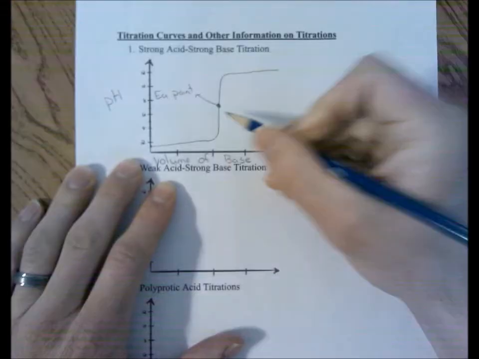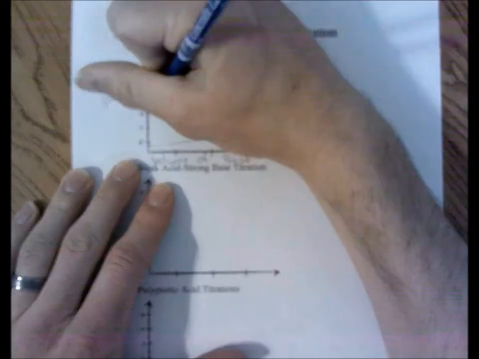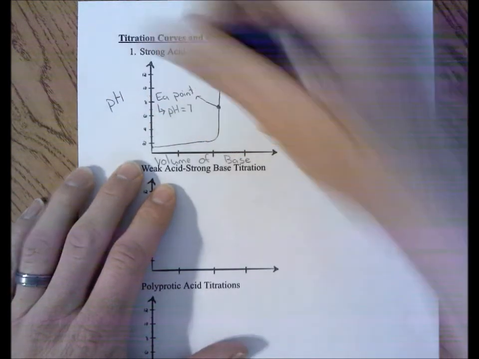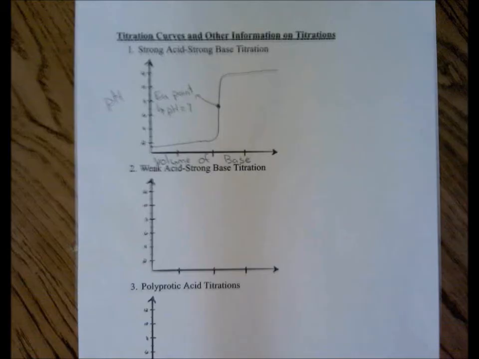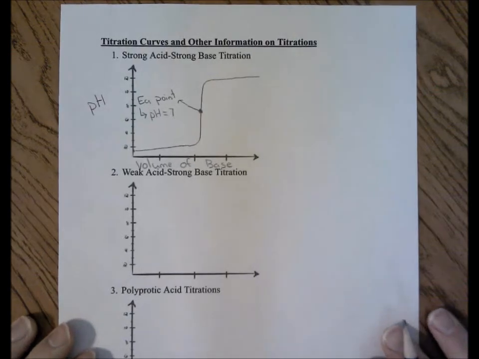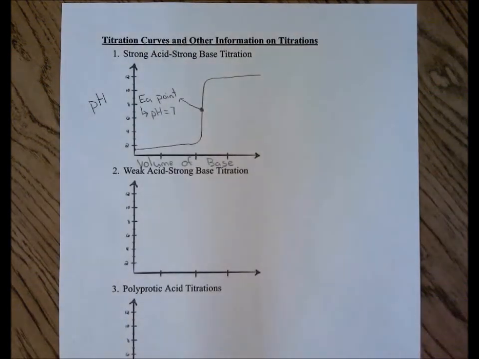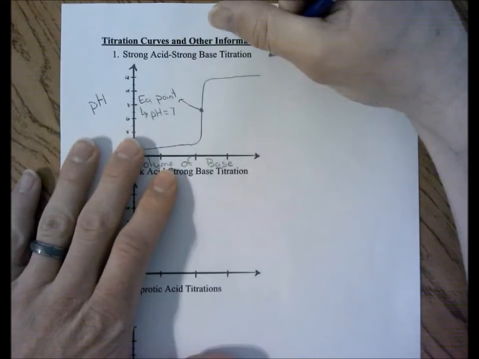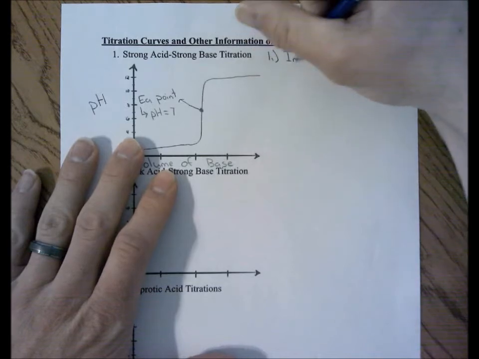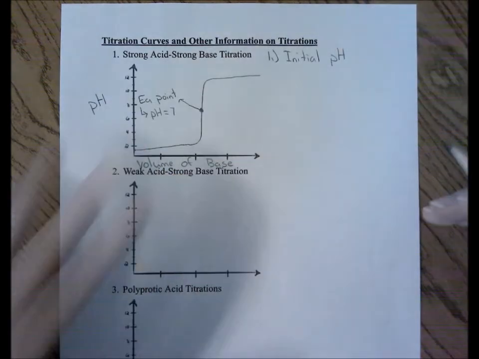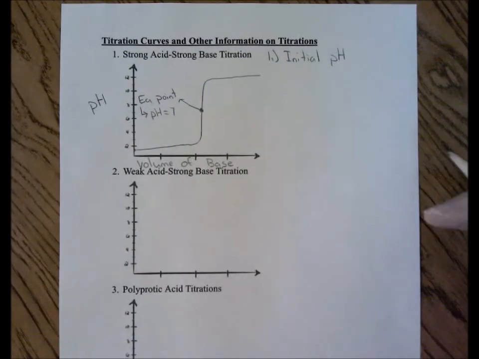For a strong acid and strong base, this is equal to a pH that is 7. Now, going through these particular calculations, we have this to think about. Number one, initial pH. Our initial pH is just going to be below 7 because it is an acid, so the pH is going to be less than 7.